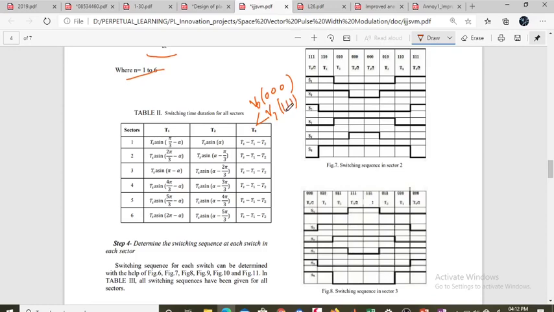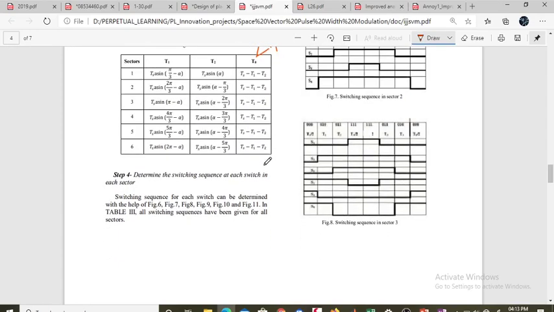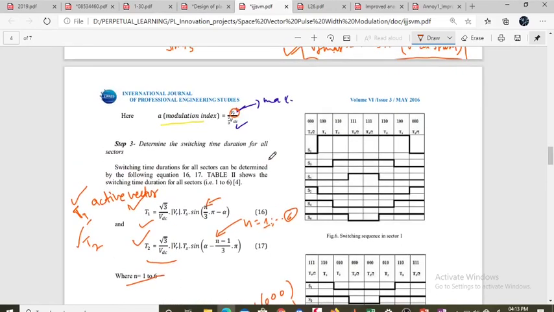Let me clarify this further. In space vector pulse width modulation, one important point is the switching sequence selection.